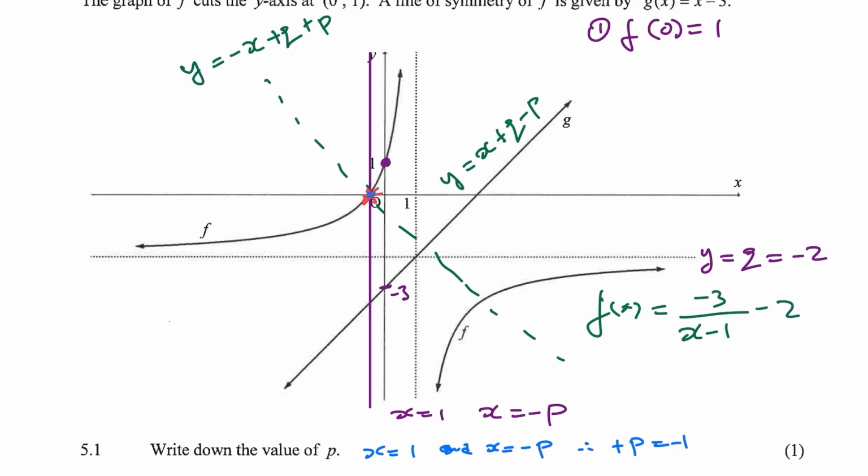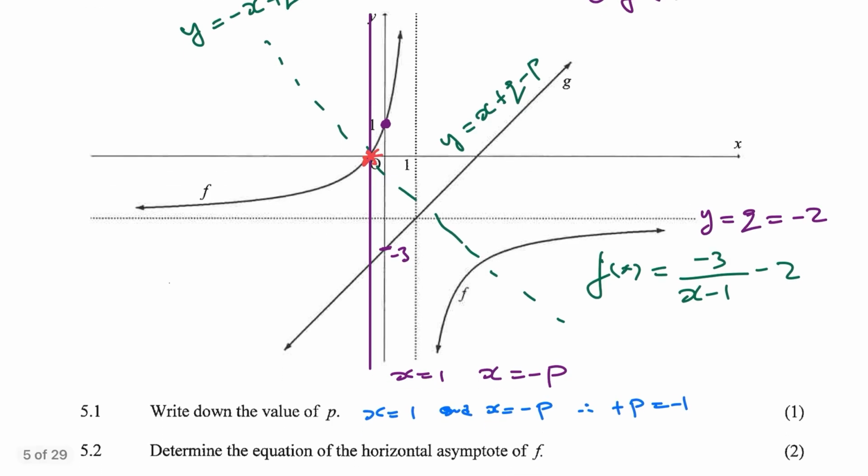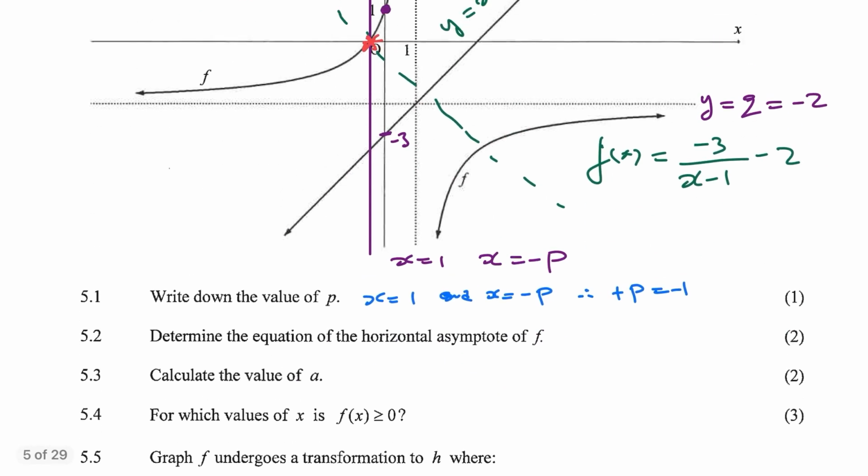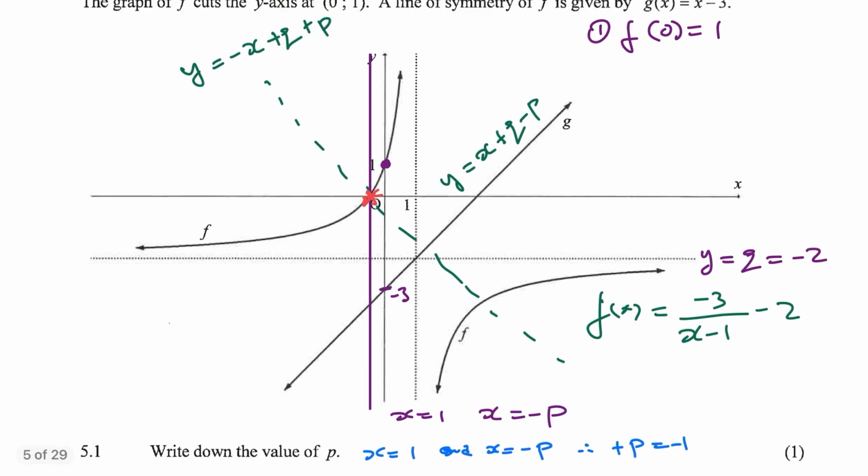So basically we're saying f is positive between this point to here. If I write it down quickly, we're saying f of x is greater than or equal to 0 if x is greater than or equal to this point here.